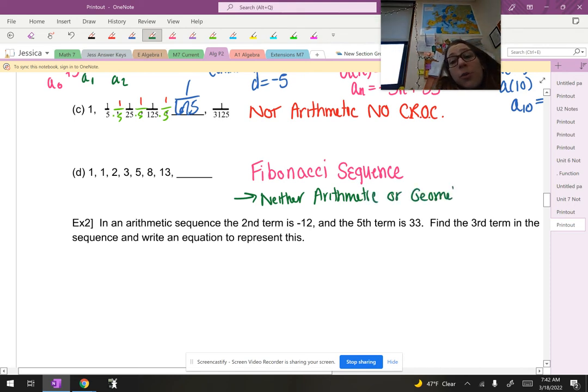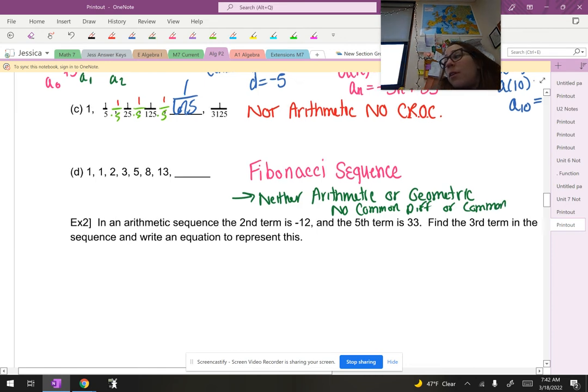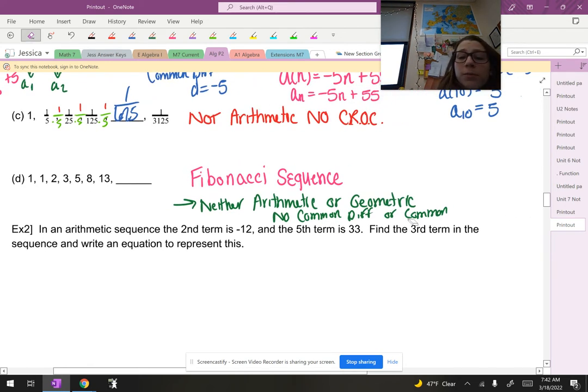There's not a common difference. There's no common ratio, or as you're more familiar with, multiplying factor.